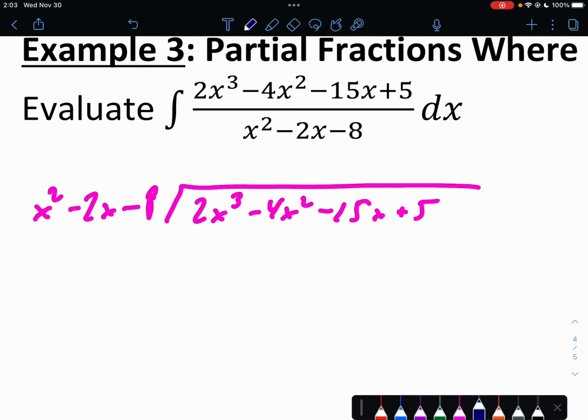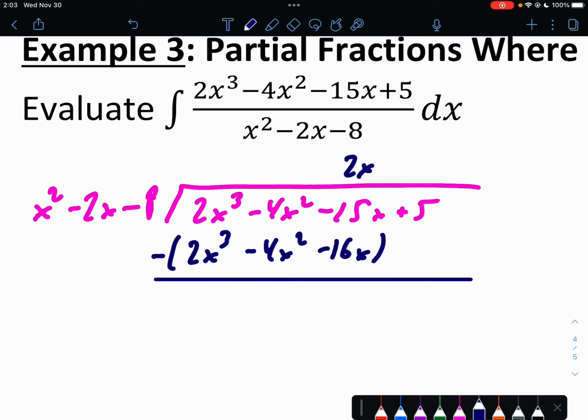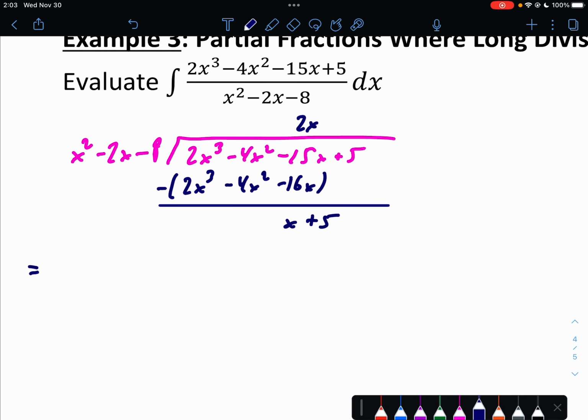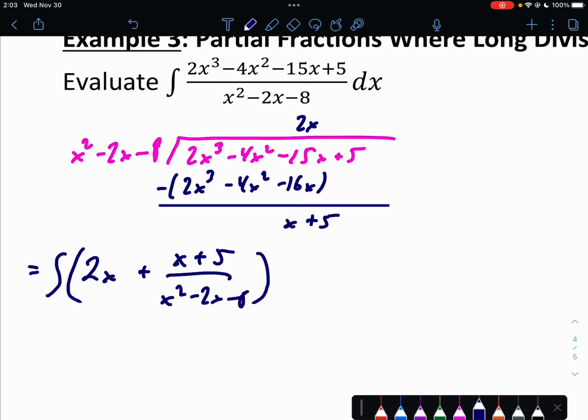2x cubed over x squared is 2x. Subtracting, we get 0, 0, and plus 1x plus 5. So now I can rewrite this as the integral of 2x plus x plus 5 over x squared minus 2x minus 8 dx.